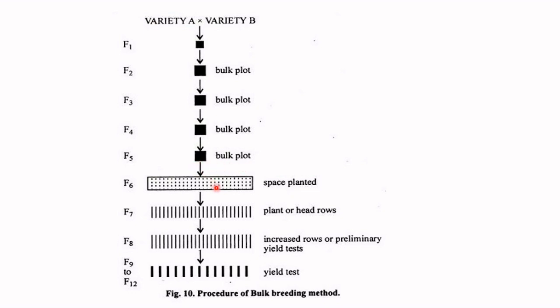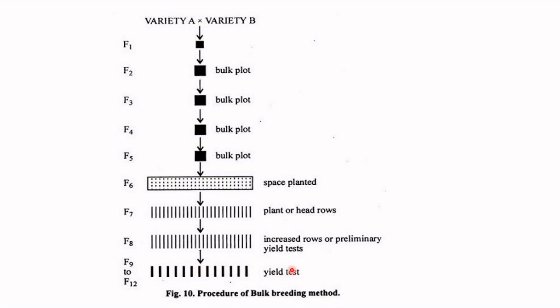In advanced generations, for progeny selection, individual plant progenies are planted from the selected lines of F6 generations. Then we select superior plants from the progeny rows, and similar to the pedigree method we grow multiple row plots from the superior plants of that particular row, and so on.